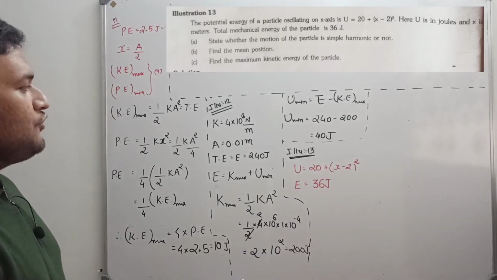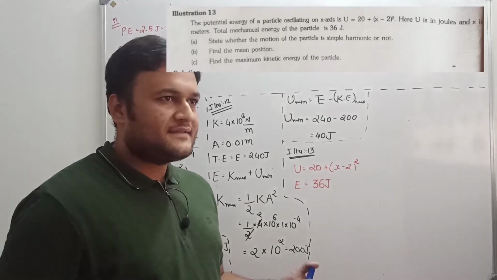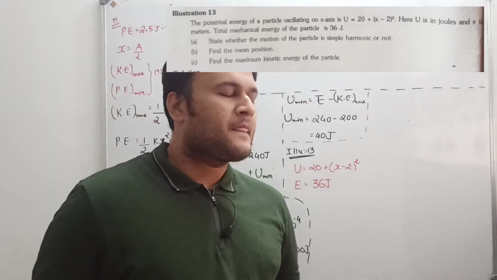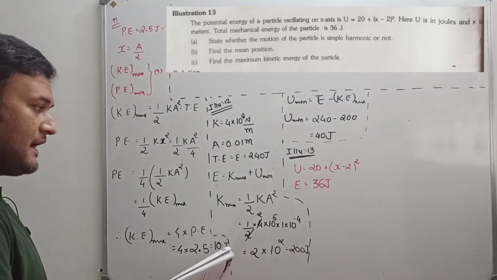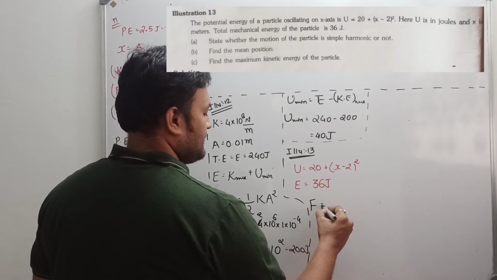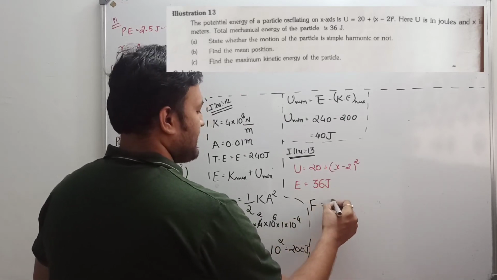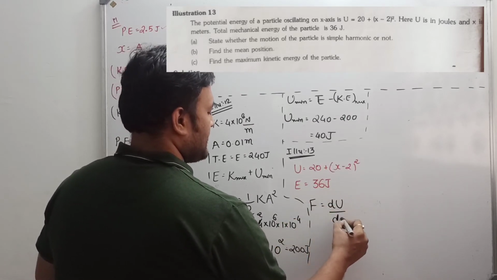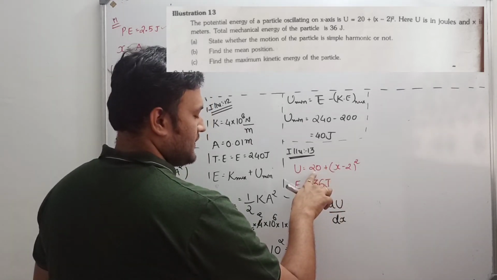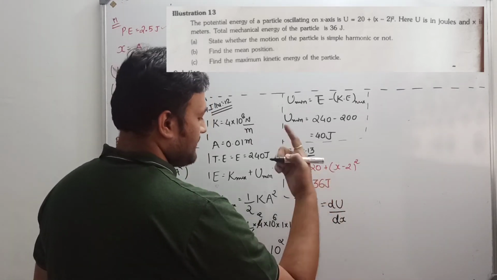Okay, so we have to prove that this equation is for simple harmonic motion, and for this I first take the integration of dU with respect to x, and this gives us F. So differentiation of a constant will be 0.